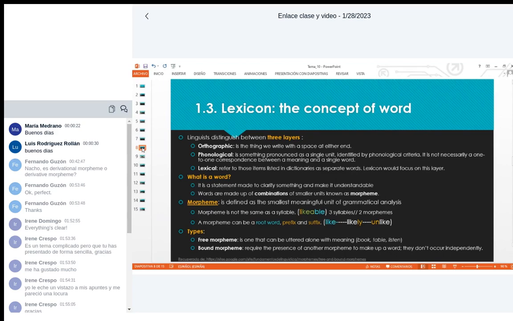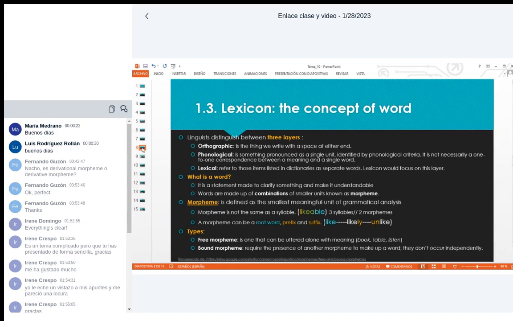So a word basically is the result of a combination of the roots with the morpheme or just the roots. So the next aspect we need to explore is the morpheme. The morpheme is the smallest meaningful unit of a grammatical analysis, and it's important that I say grammatical, because morphemes are not related to the concept of lexical meaning, but rather to the grammatical meaning.